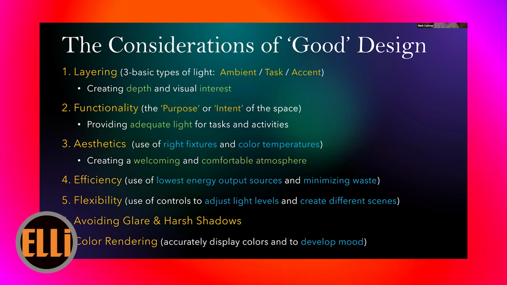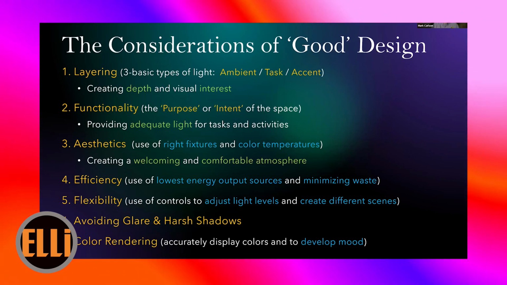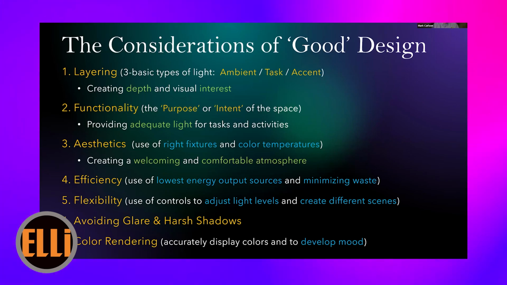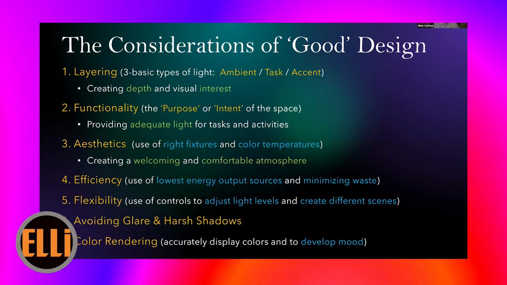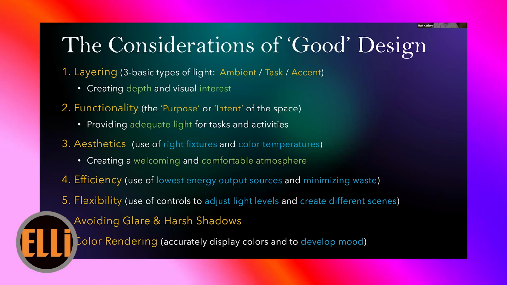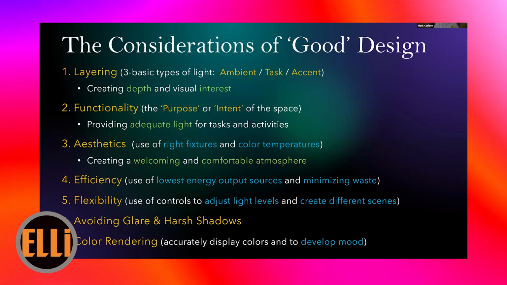The goal here is creating a welcoming and comfortable atmosphere. Aesthetics and atmosphere usually go together. Atmosphere is the experience that we're having within the space, and it's much like mood or the emotional value that you gain from the space. So remember that as we move forward too.